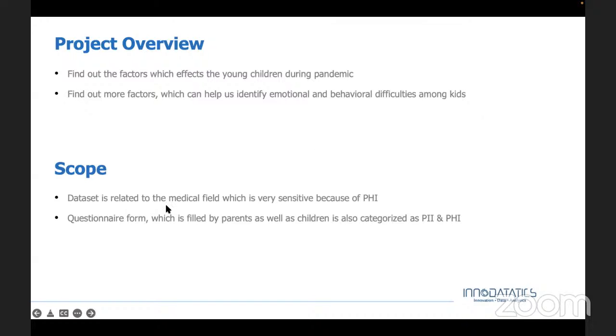The data set is related to the medical field, and hence it is considered sensitive because it has PHI, personal health information, and it also has PII, personally identifiable information. So we need to safeguard the data. It is as simple as that.